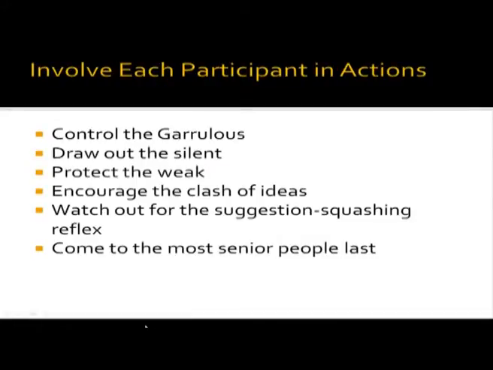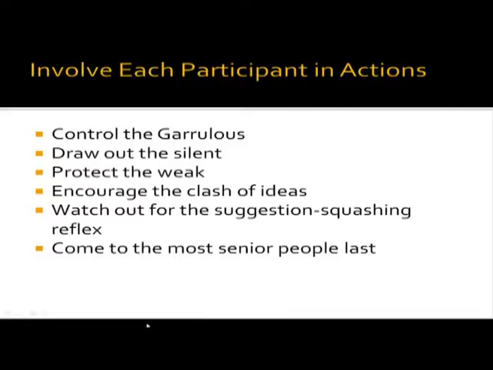So, you try to veto the idea, you try to rubbish the idea by saying, no, this is not a great idea. You must look out for people who follow their reflex of squashing other people's ideas.